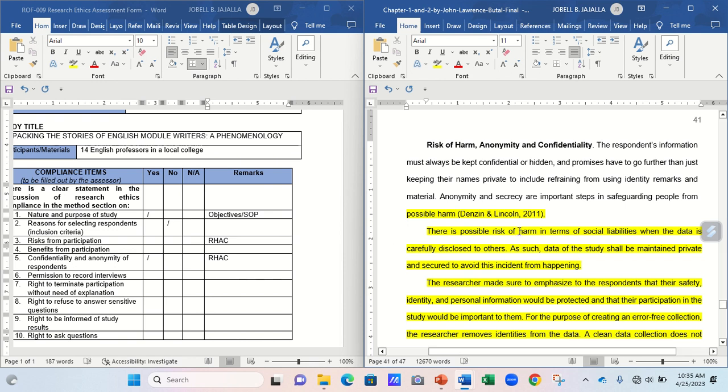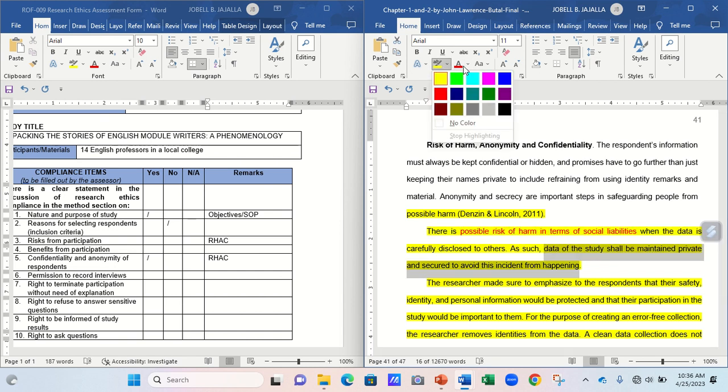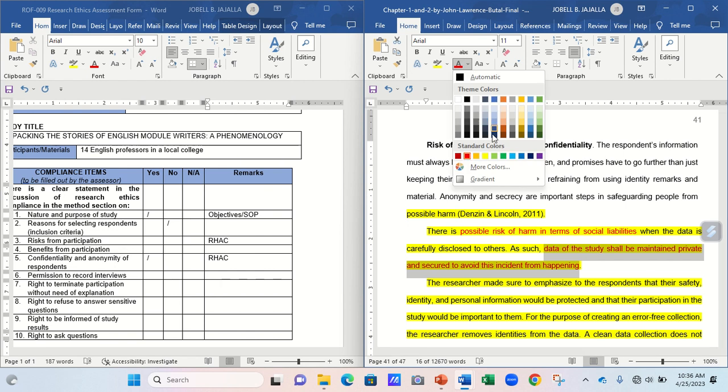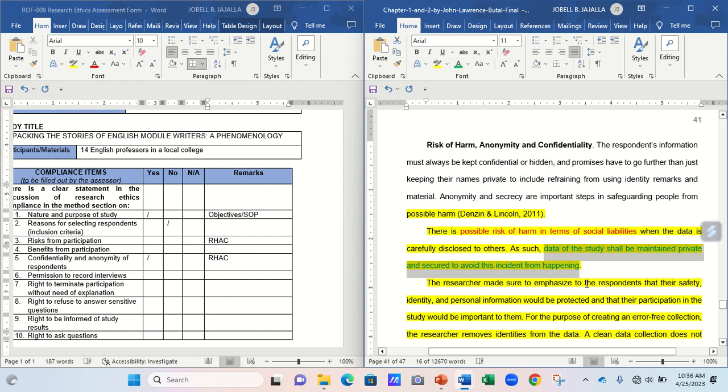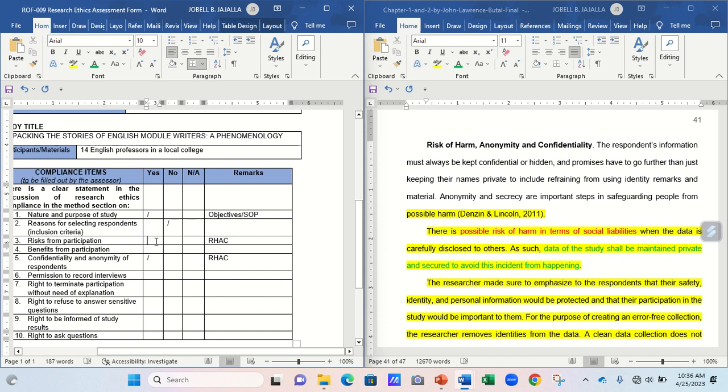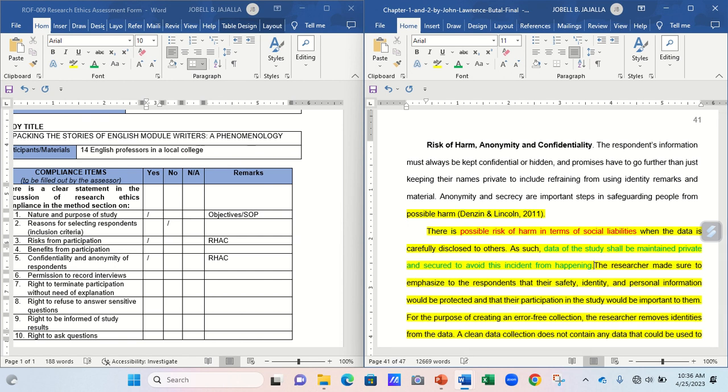So dere makita na nato dere class, no, ang possible risk. So naa siya enumeration sa possible risk as well as on how it will be addressed. So connected lang day gihapon siya sa nato ni siya ma-connect sa confidentiality. So kung makuha na nato ning risk o makuha na po nato ang confidentiality. Okay, so ato na siyang butang.